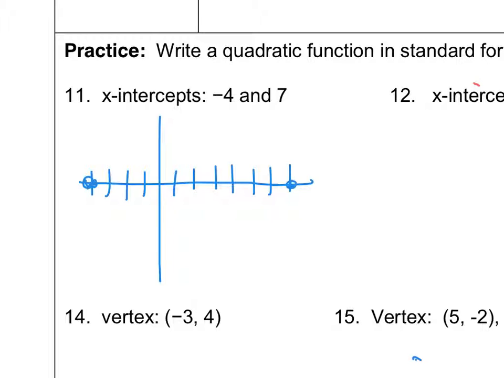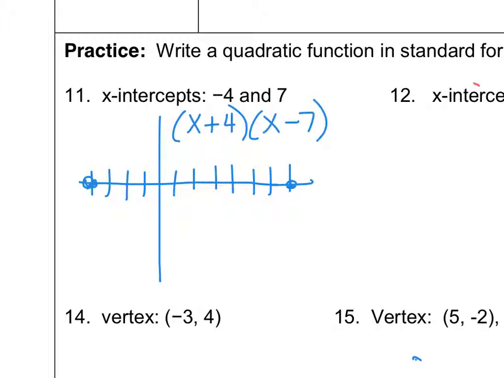Okay, so once we've got the -4 and the +7, we can write our equation. X, the opposite, so x plus 4, x minus 7. That's going to be my equation, but it's asking for it in standard form.